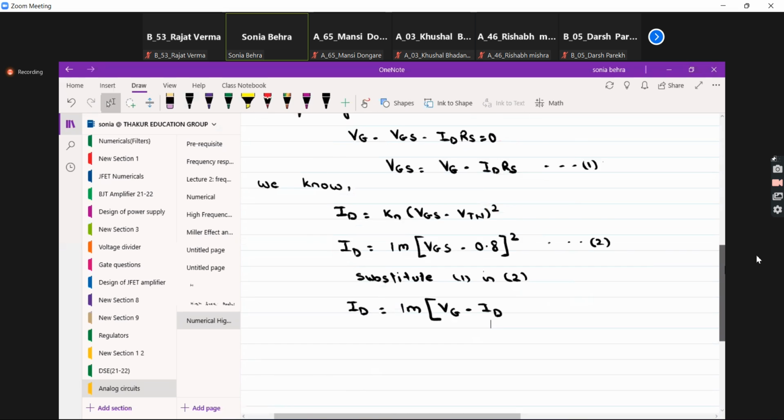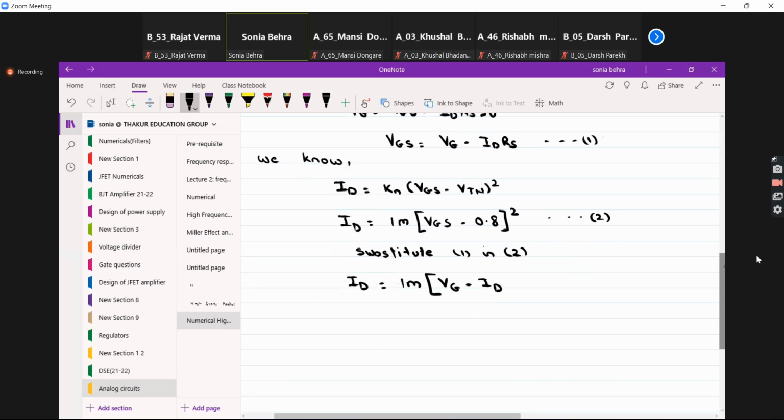RS is 2K. So into 2K. So this is VG minus IDRS, which I have substituted, minus 0.8 the whole square. Okay, this is equation 3.